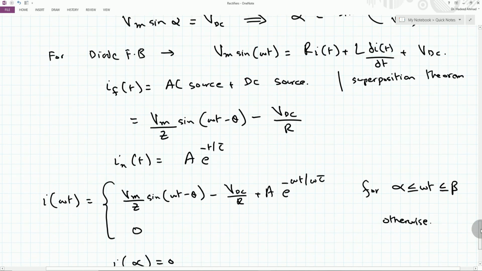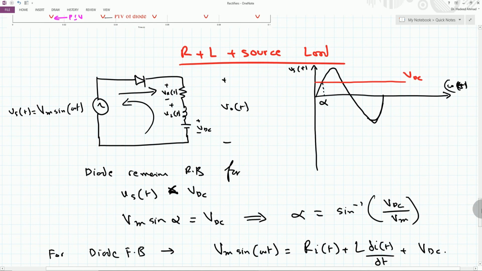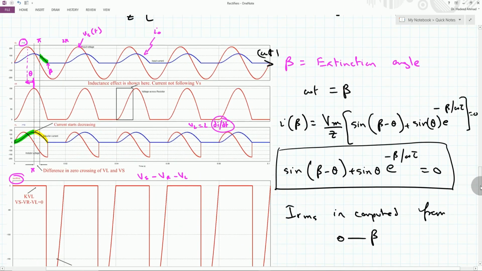For this particular expression, the current starts from this alpha and goes all the way and ends somewhere at beta, which is way beyond this value of pi. And we shall have the same behavior across the inductance in terms of the inductor current and the inductor voltage.